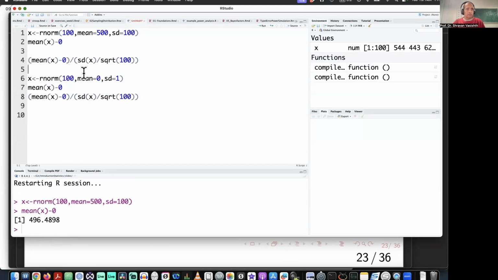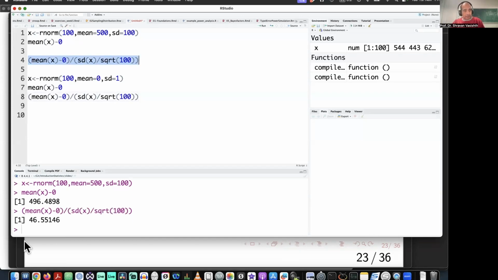But now suppose that I were to normalize this distance by dividing it by the standard error. The standard error is going to be the standard deviation divided by the square root of the sample size, which is 100, right? So if I standardize this distance by the standard error, the distance is actually much smaller.